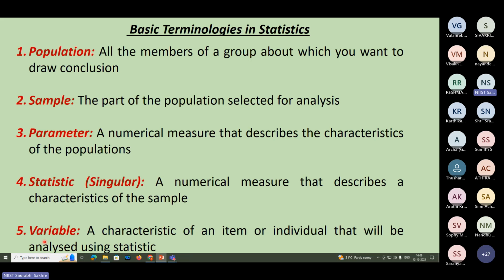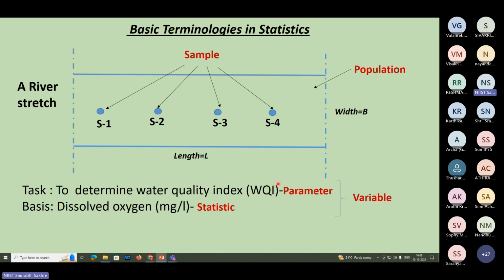Now, the fifth one, variable. Think yourself: this WQI, water quality index, will not be the same throughout the river. If I consider another stretch after 1 kilometer, their WQI will be different, right? At the third stage, it will be different. So it is varying, and that's why it is called variable.